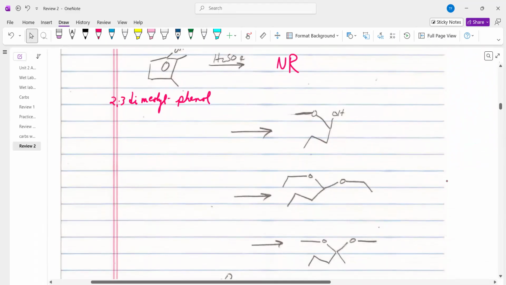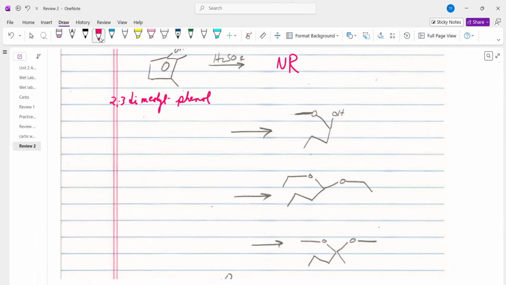Okay, so here we have some acetals and ketals. How do we make them? An acetal, ketal, or hemi versions have a secondary backbone and a primary backbone. If we look at the primary backbone, that's where the anomeric carbon resides.